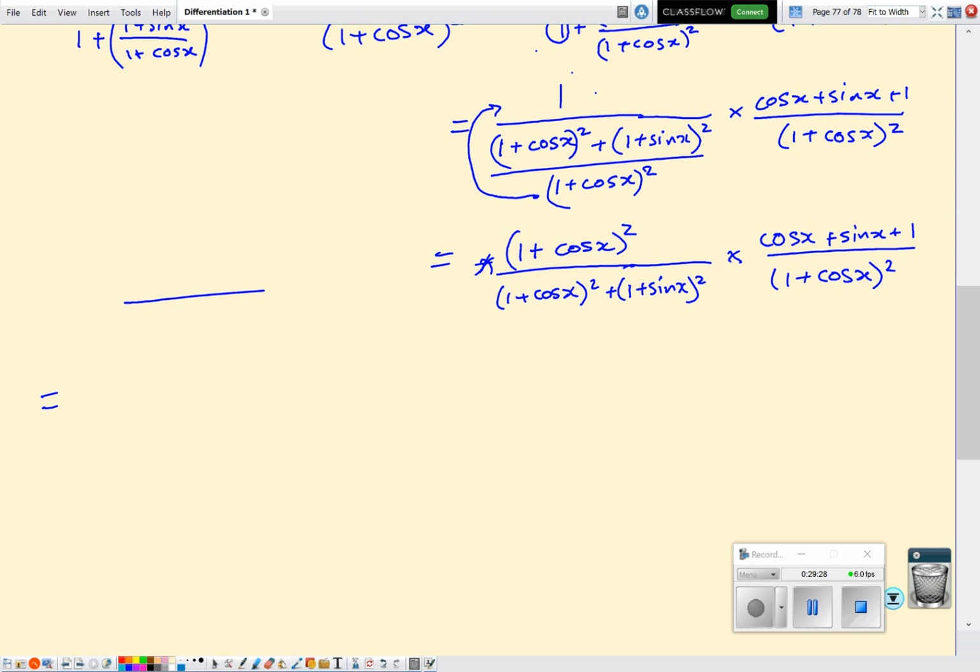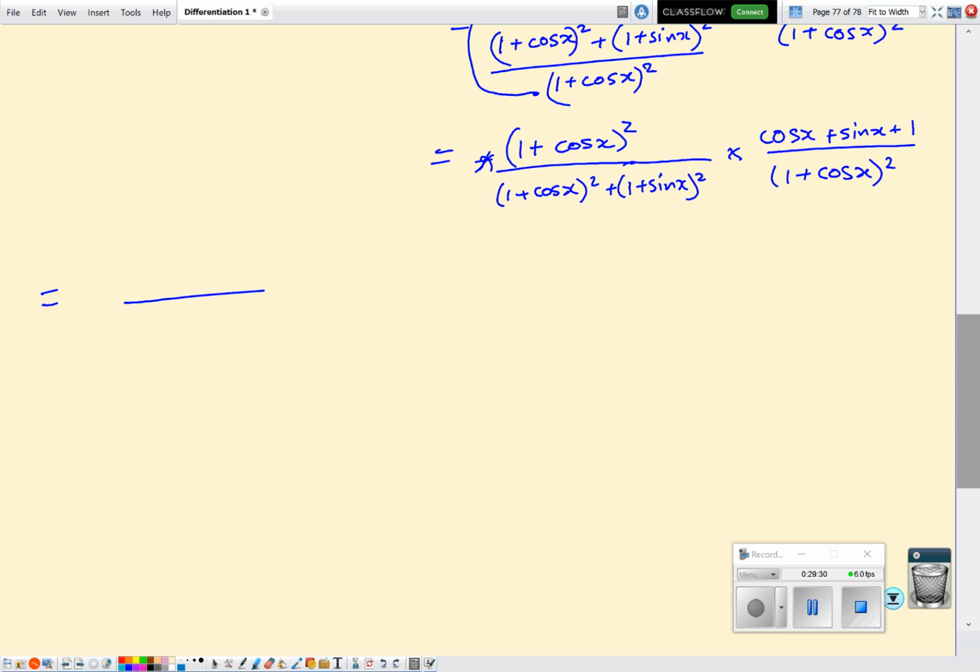Okay, so this simplifies down because obviously that and that are going to cancel. And what I'm going to end up with is cos x plus sine x plus 1 all over 1 plus cos x squared plus 1 plus sine x squared.